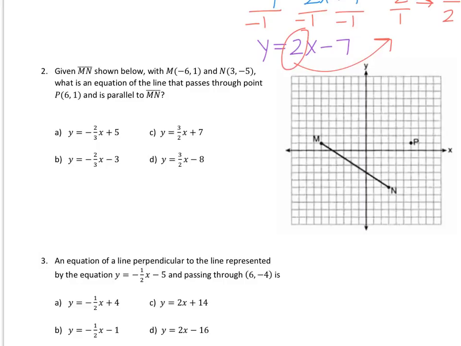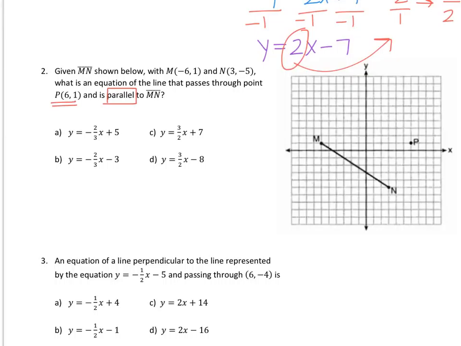The next one says that we want to be parallel to MN and passing through the point 6, 1. Now we can do this using point slope formula, or we can do it using the graph. Either option is fine. I'm going to choose to do this one graphically though, because the graph's already there and it's somewhat easier using the graph.